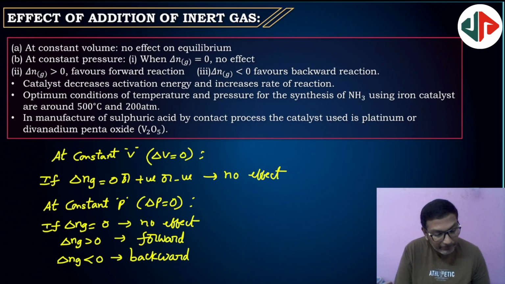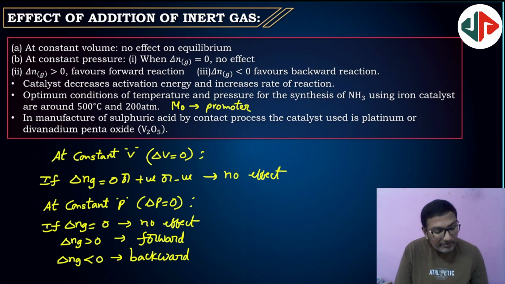See here. So catalyst decreases activation energy, therefore increases rate of reaction. Very, very important. Next, for synthesis of ammonia, iron is catalyst and molybdenum, Mo, is promoter.